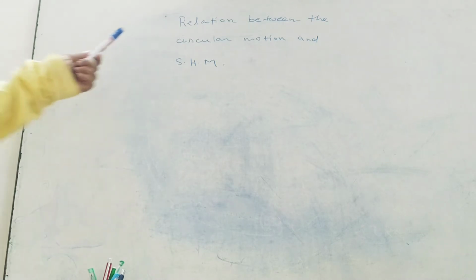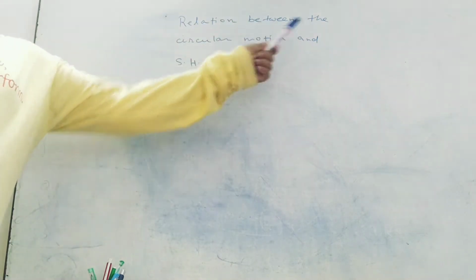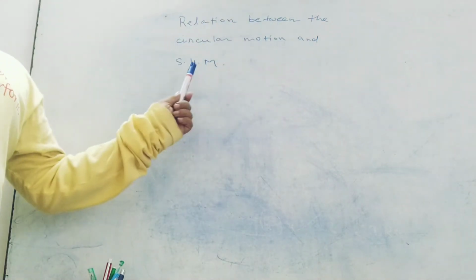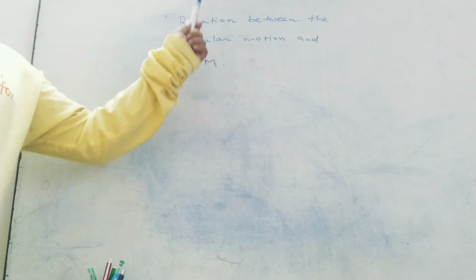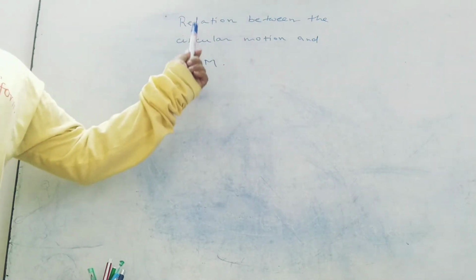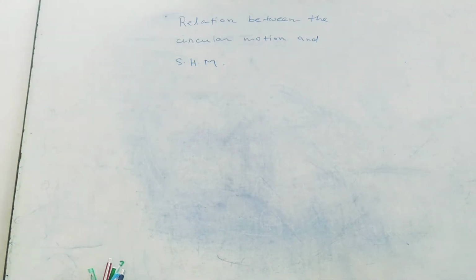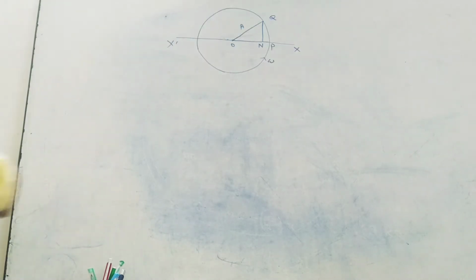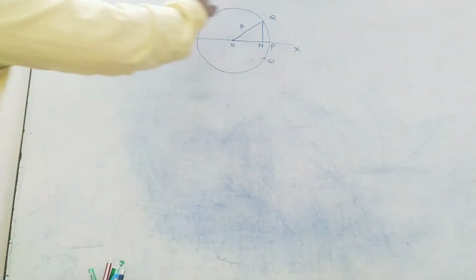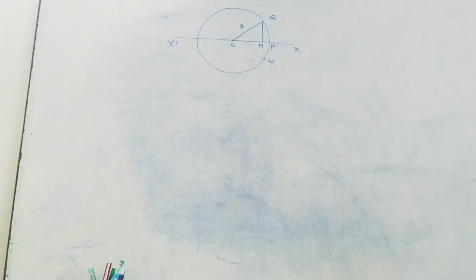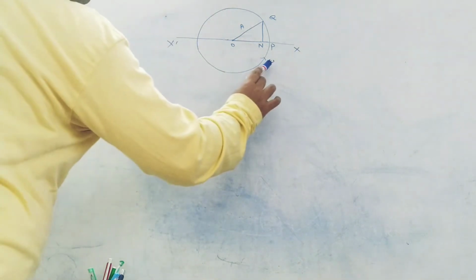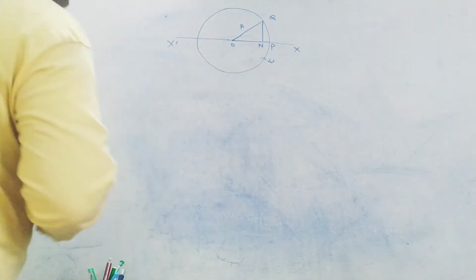Our next topic is relation between the circular motion and S.H.M. It is a very important topic. Let a particle moves along a circular path with constant angular speed omega.